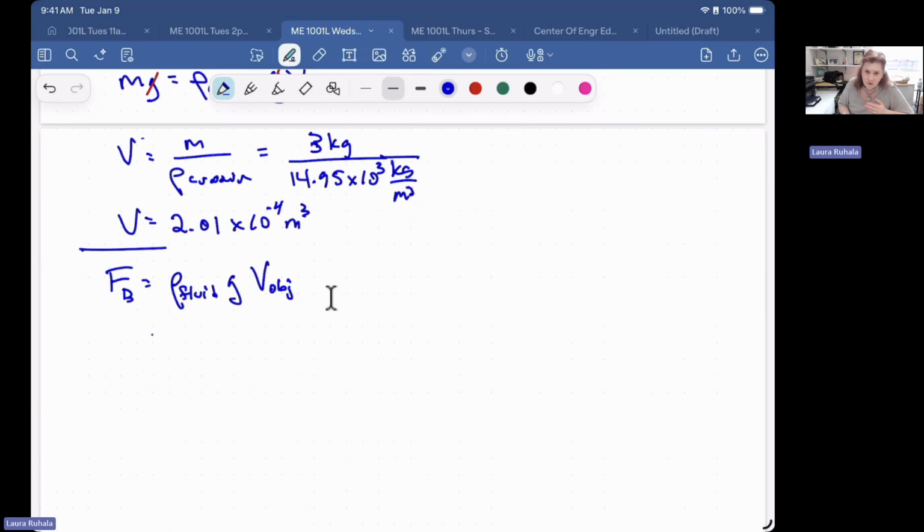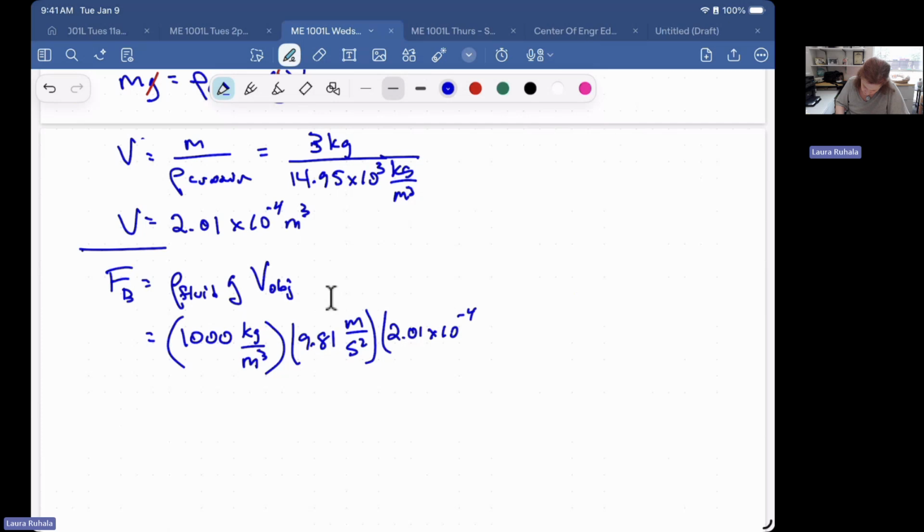The density of the fluid, the fluid in the bathtub, is water, so that's 1,000 kilogram per meter cube, times gravity, 9.81 meter per second squared, times that volume that I just got, 2.01 times 10 to the minus 4 cubic meters.